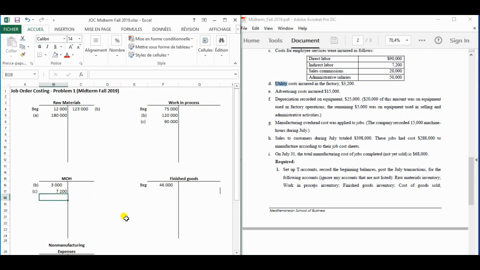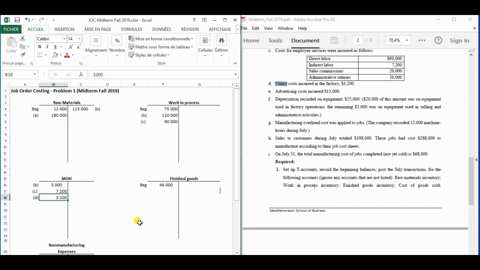So I will debit the MOH. So transaction D, I will debit MOH by 3,200. Next, advertising costs incurred equal to $15,000.